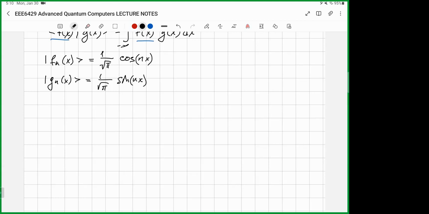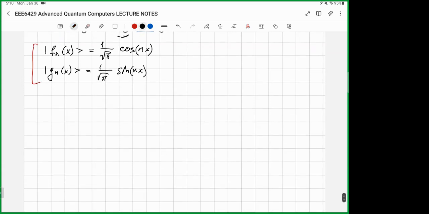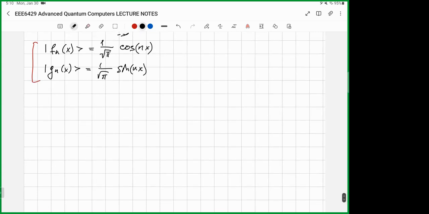So a set of two functions, f_n and g_n. Now let's calculate the inner product of any two functions from this set.